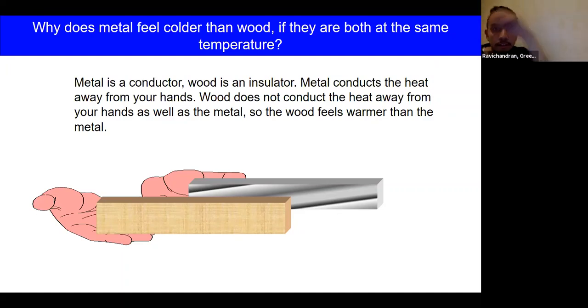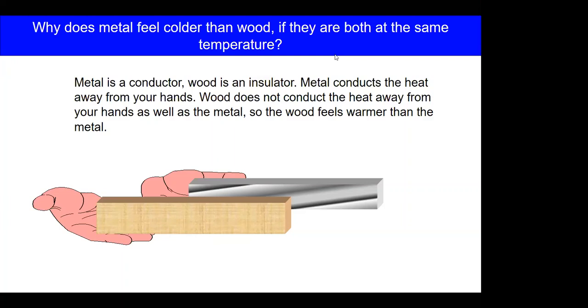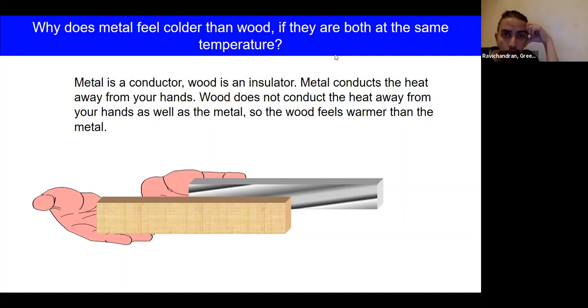Why does metal feel colder than wood if they are both at the same temperature? Why? Thermal conductivity. Metal is a conductor, but wood works as an insulator.